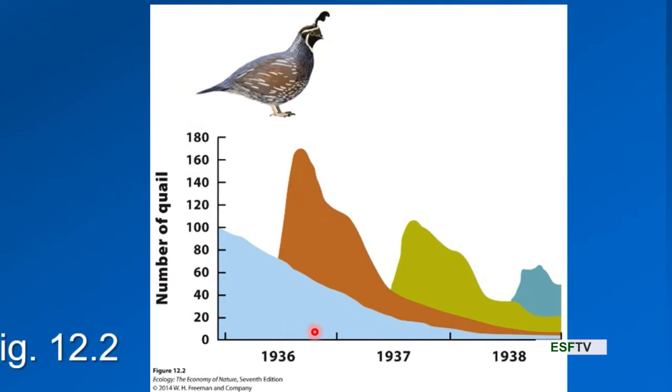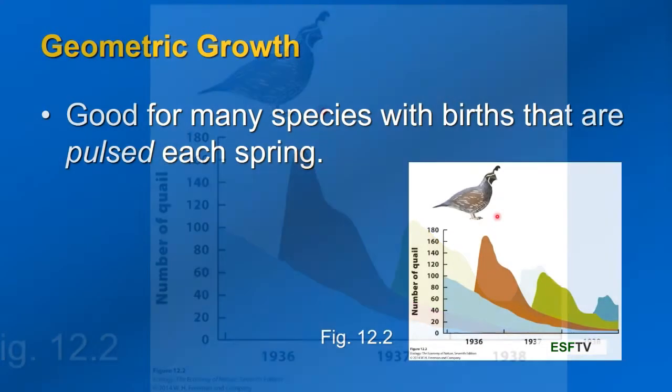This is the 36 cohort, this is the 37 cohort, presumably. Yeah, this was the 35. The blue was 35, feeds into the 36. Now it's swamped out by 36 babies. That feeds into 37, but now they're swamped out by the 37 babies, still a few 36 left, etc. Okay? So you see these nice peaks, these are the pulses of spring reproduction in this mountain quail with its cool little tassel.